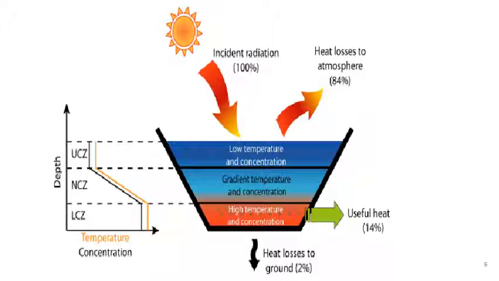Solar radiation falls onto it. Heat loss to the atmosphere is about 84%, and the remainder goes into the pond, whose inside surface is colored black. It gives up its heat, and the hot brine is utilized to generate electric power.